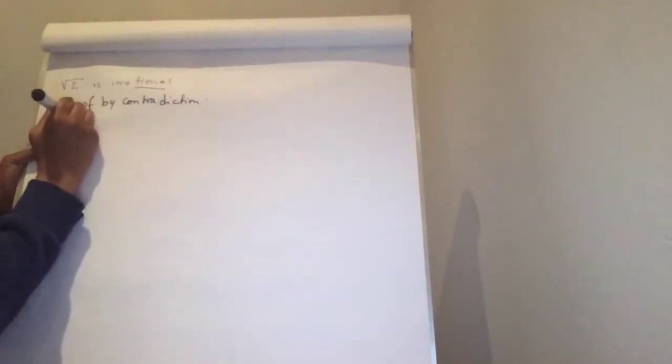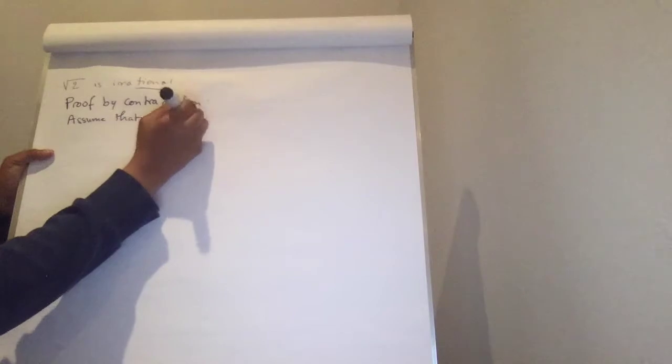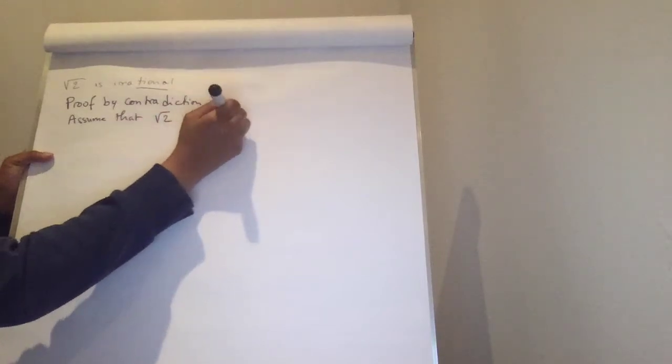So that means that we assume that square root of 2 is rational, and we try to reach a contradiction from there.